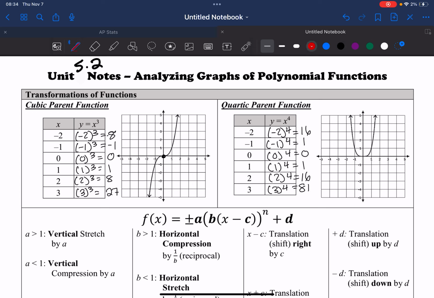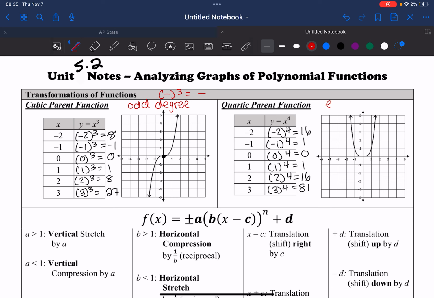So notice here, a cubic function has an odd degree. Since the degree is odd, if we cube a negative, we get a negative, okay?